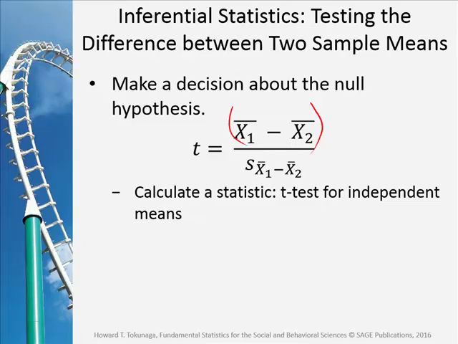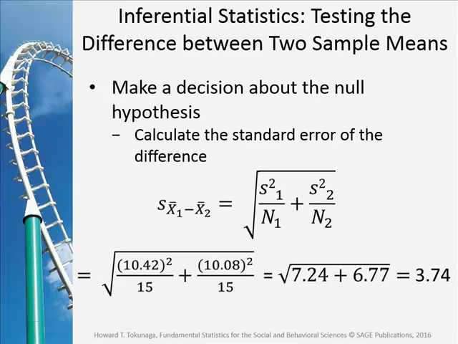So if we're going to do this, t, the top is easy. All right, we have our two sample means. 41 minus 31, right? This is where I ask for patience. I'll just show you. It looks bad.